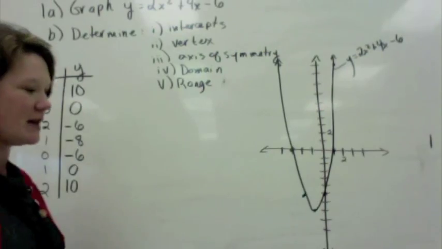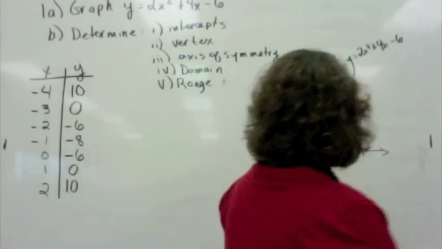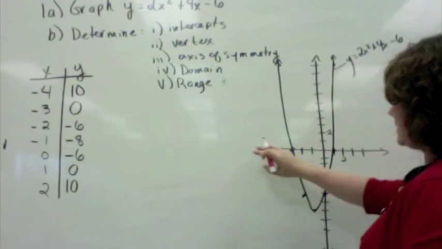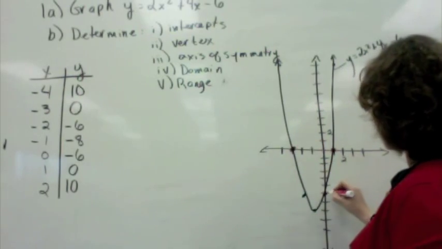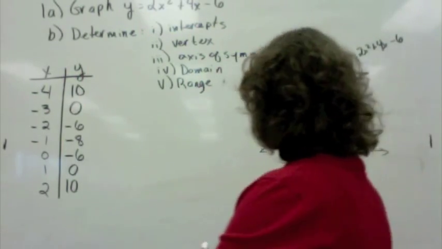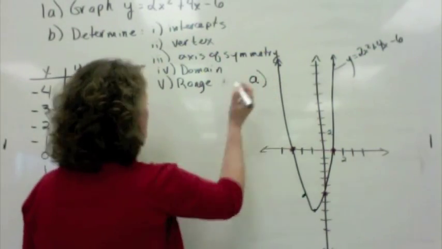Number 1, the intercepts. The intercepts are when the graph touches an axis, okay? So here's one, and here's one. So the way that we write the answer to this, so this right here is A, no problem.